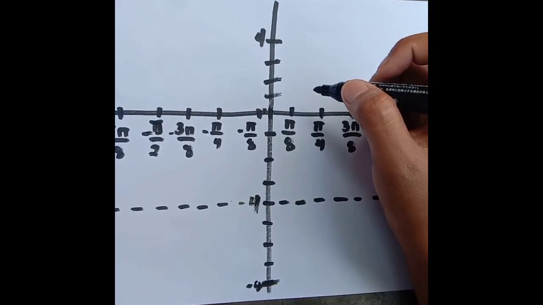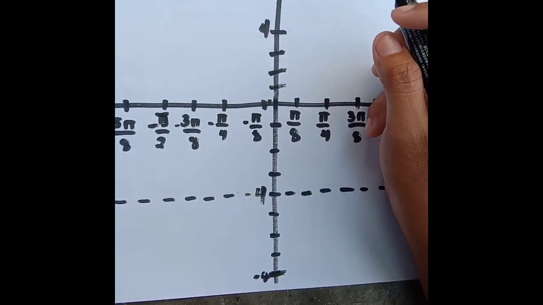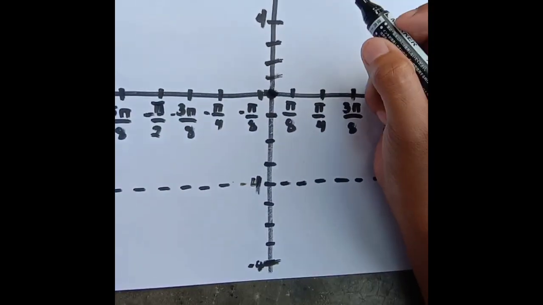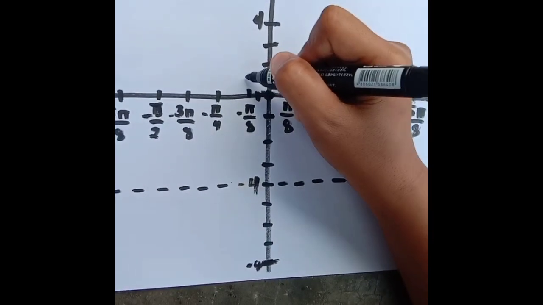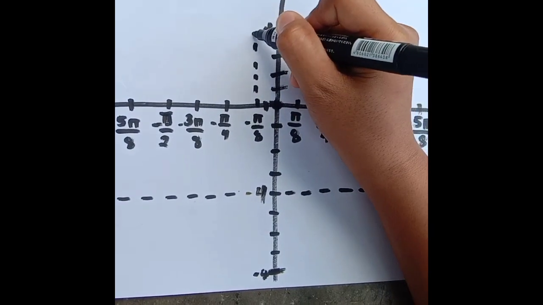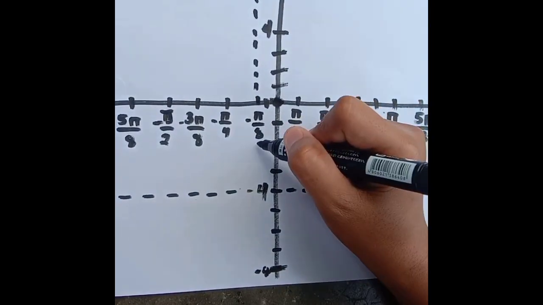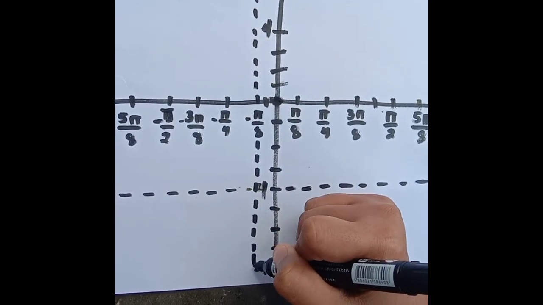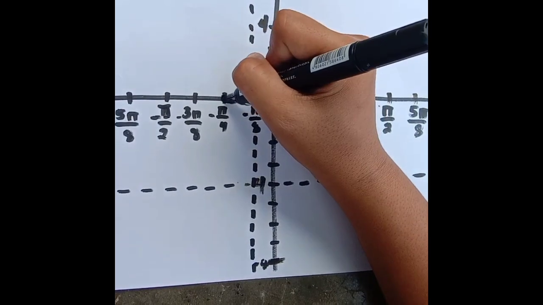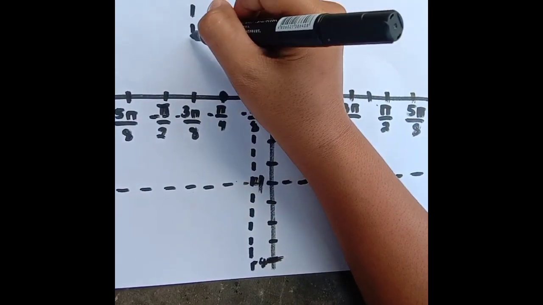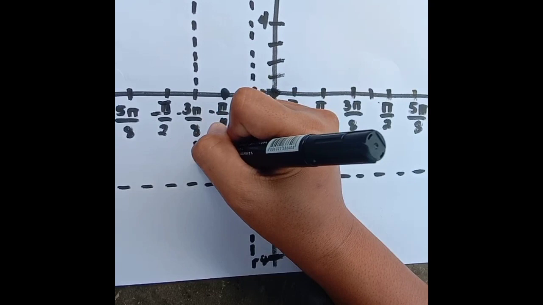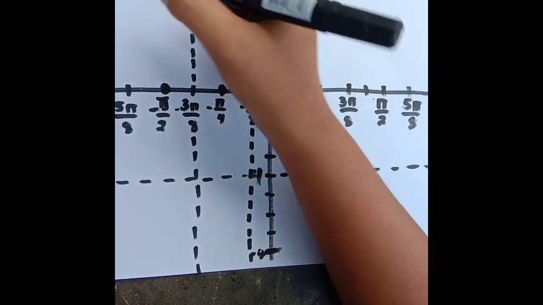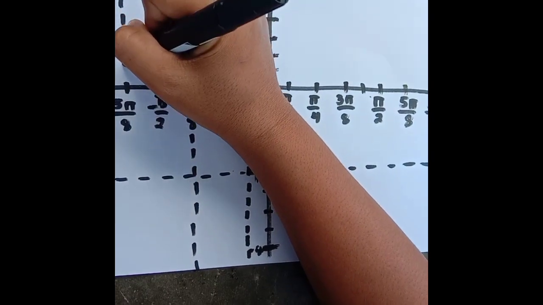So we need to determine the asymptote and the intercept. So this is intercept, and then this is the asymptote, intercept, asymptote. Intercept, asymptote.